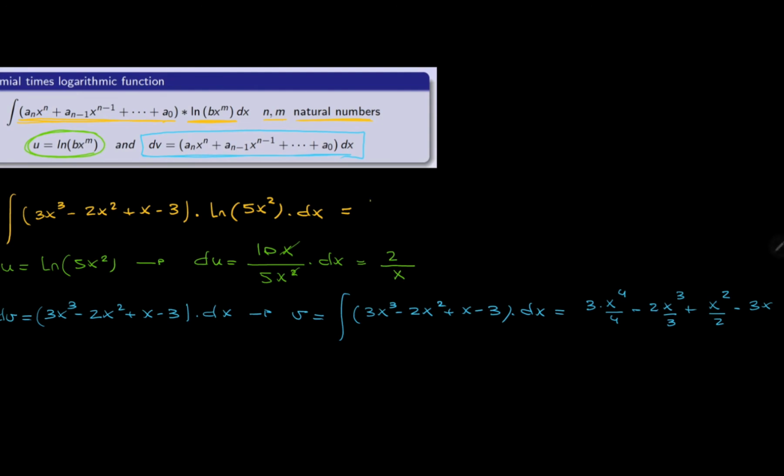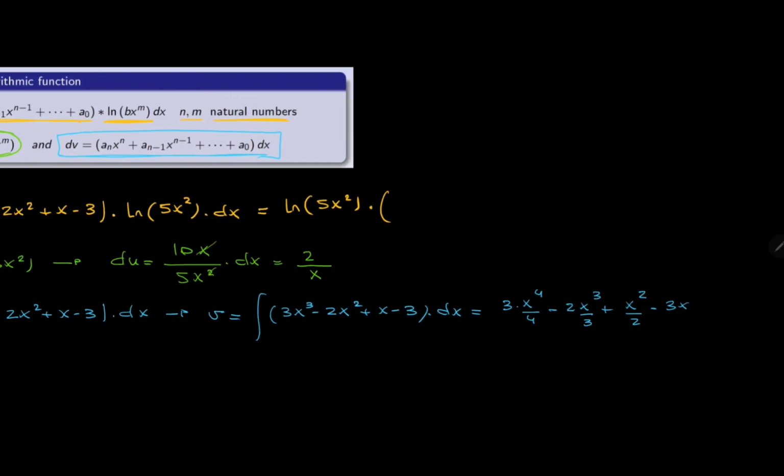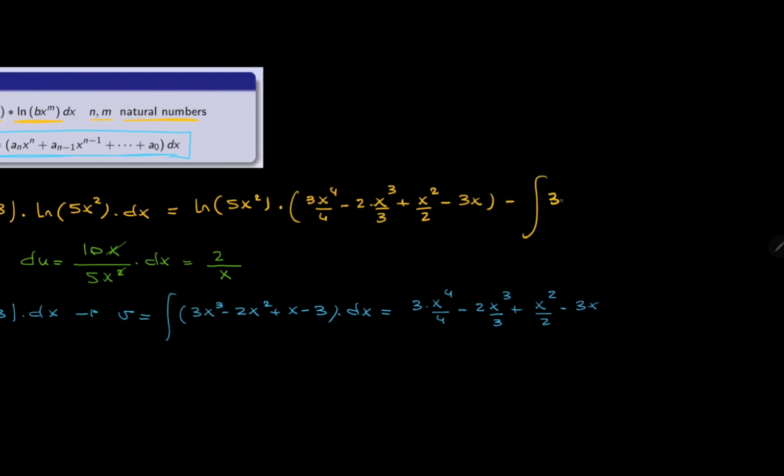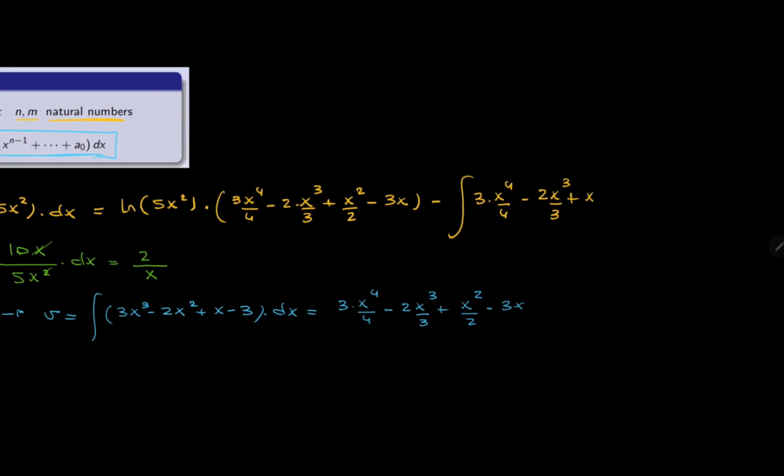So u was the Neperian logarithm of 5x squared times v, the result of the integral, which is 3x fourth divided by 4 minus 2x cubed divided by 3 plus x squared divided by 2 minus 3x, u times v, minus the integral of v, 3x fourth divided by 4 minus 2x cubed divided by 3 plus x squared divided by 2 minus 3x, and that multiplies 2 over x dx.